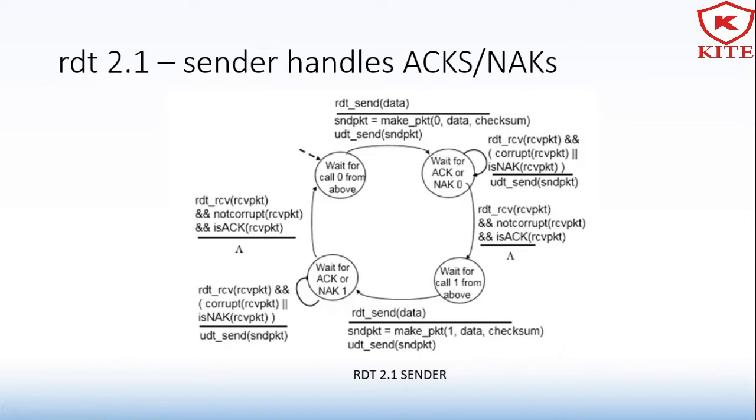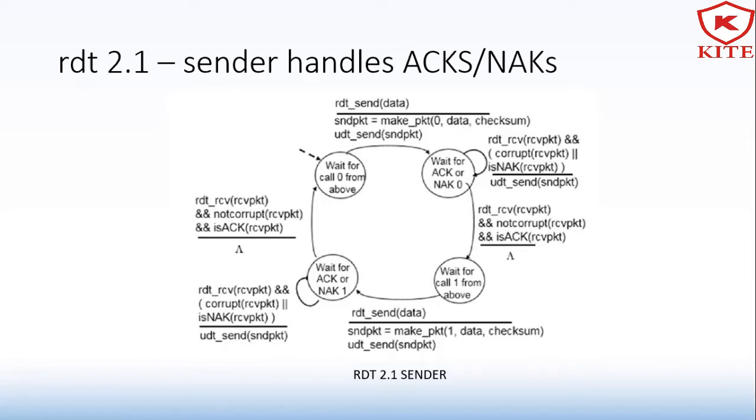The sender also checks the acknowledgement and negative acknowledgement packet against the sequence number. The state can be twice as many, because the sender may receive the acknowledgement packet properly, but the receiver cannot know whether the acknowledgement packet was properly received at the sender or not.